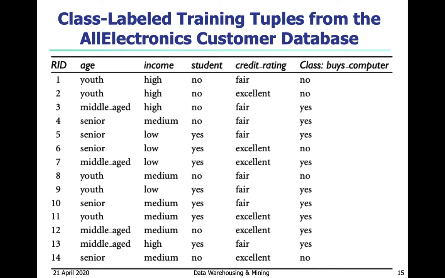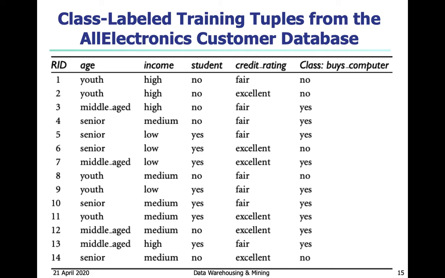This would result in a 10 tuple partition D1 with the condition that income belongs to low and medium.